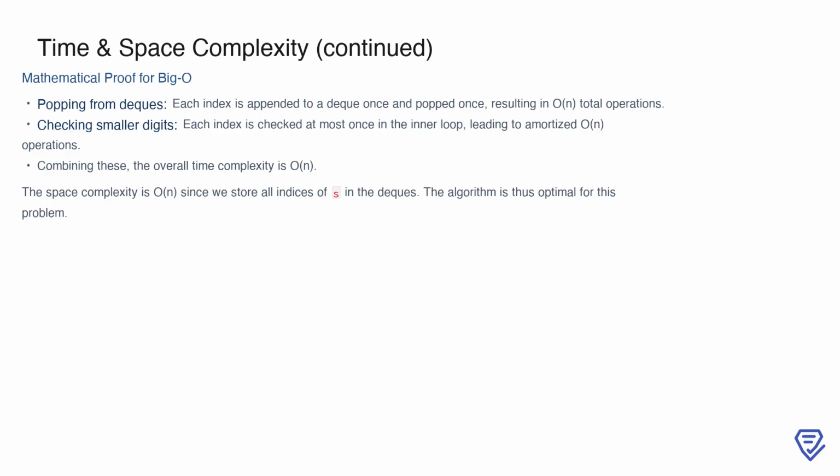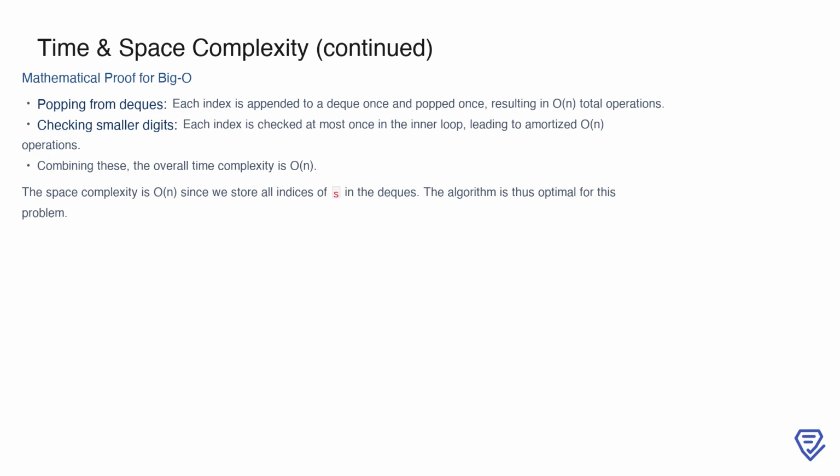Combining these observations, the overall time complexity of the algorithm is O(n). As for space complexity, the POS dictionary stores all indices of S across 10 deques, requiring O(n) space in the worst case. The algorithm is therefore both time and space optimal for this problem, achieving the best possible efficiency under the given constraints.